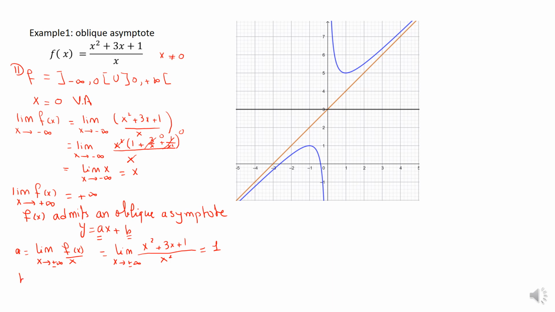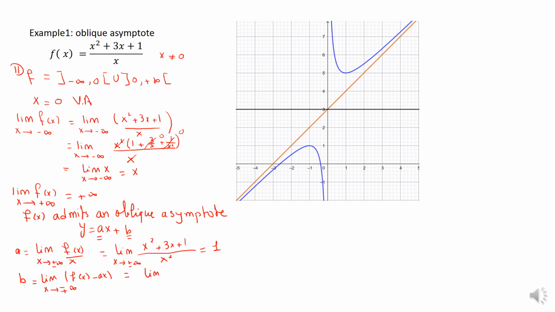Now, to find b, it's the limit of f of x minus ax. A here is 1, so it will be f of x minus x, as x tends to plus or minus infinity.